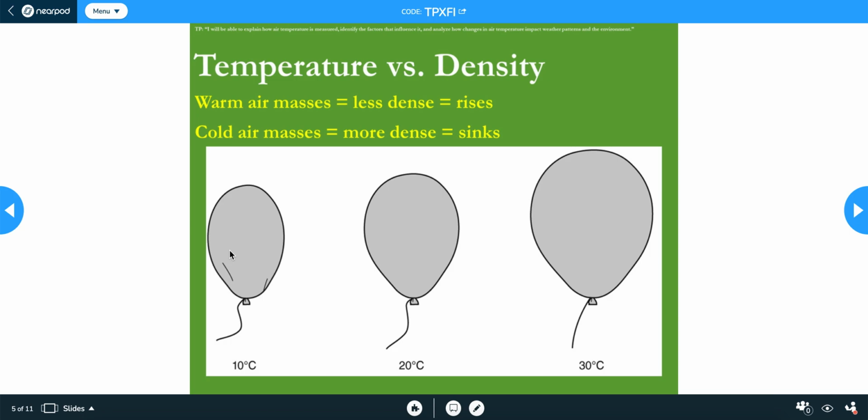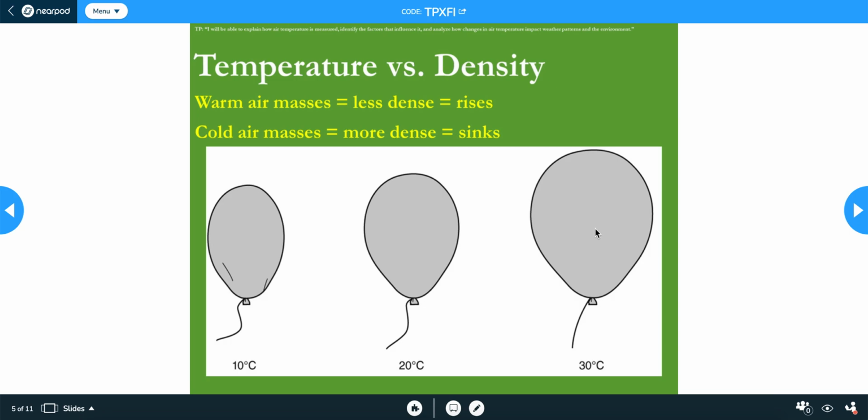Let's say, for instance, we have 5 grams of air in these balloons, in all 3. And let's say this one here at 30 degrees Celsius, this is now 5 cubic centimeters. 5 grams over 5 cubic centimeters will give us 1 gram per cubic centimeter.